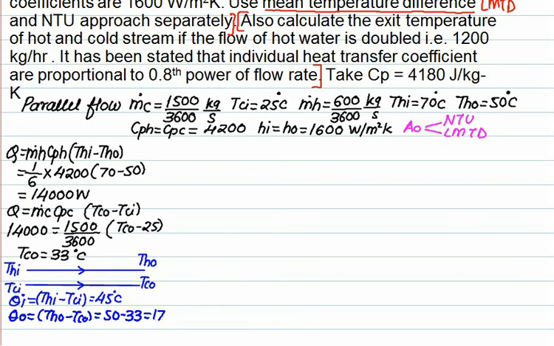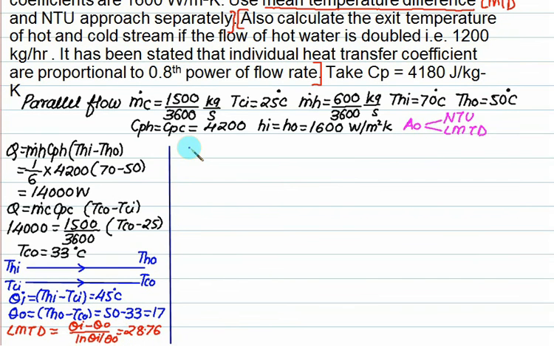And now we can calculate LMTD. LMTD is theta I minus theta O upon natural log of theta I by theta O. LMTD comes out to be 28.76. Next job is to calculate the overall heat transfer coefficient, given by 1 by U0 equals DO divided by DI HI plus 1 upon HO.